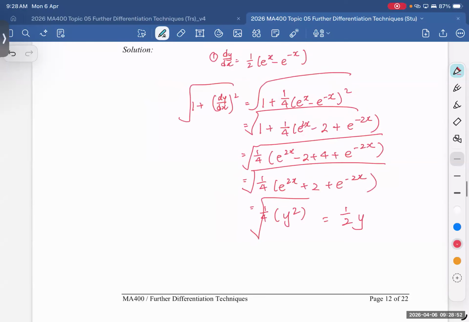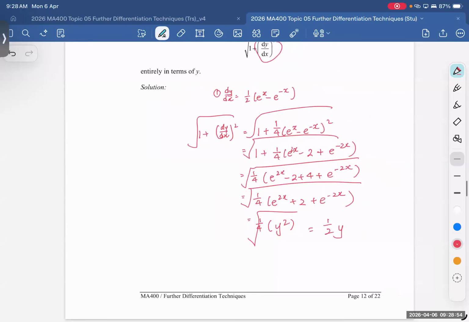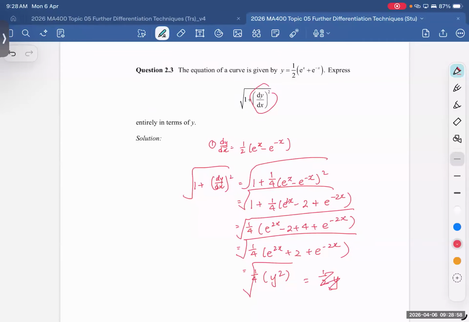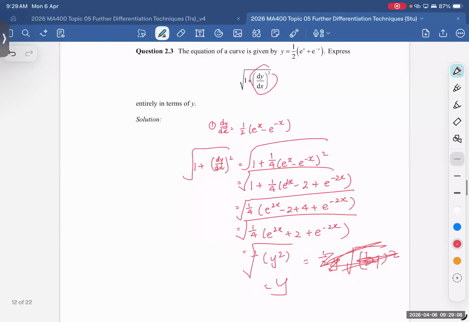And life is good. No. Not half, 1/4 y squared. This is not 1/4. It's actually just y, because it's half. So 1/4 is actually half of y squared.